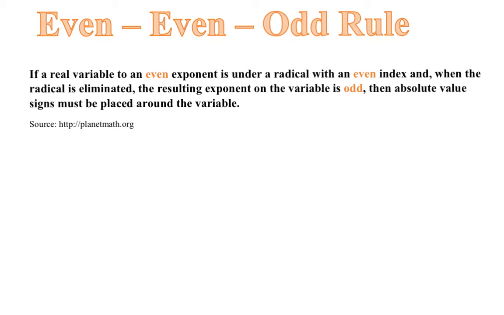Let's look at an example of what this means and why it works this way. If I have the square root of x squared, I have an even index and an even exponent under the radical. When this is simplified, the square root and the square undo each other, and I'm just left with an x.